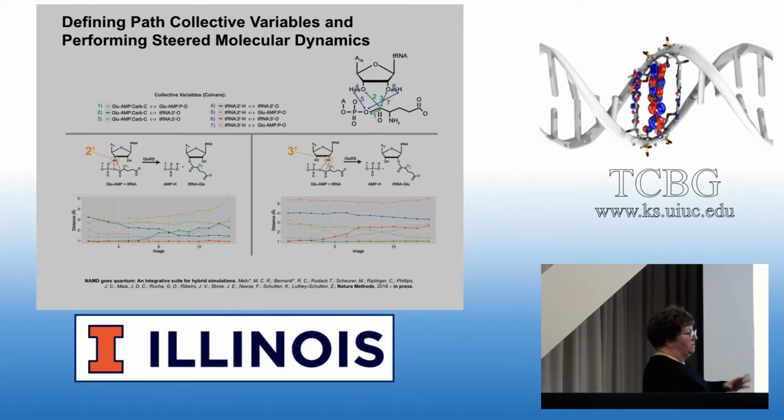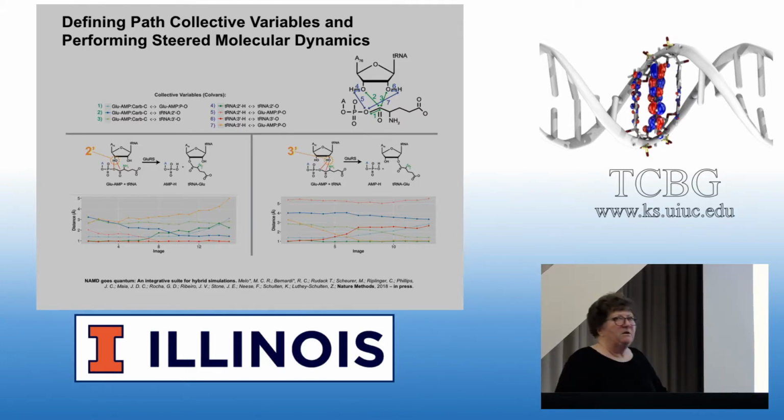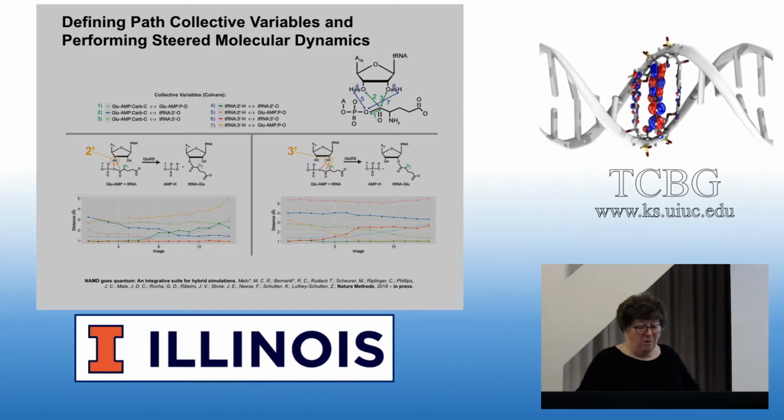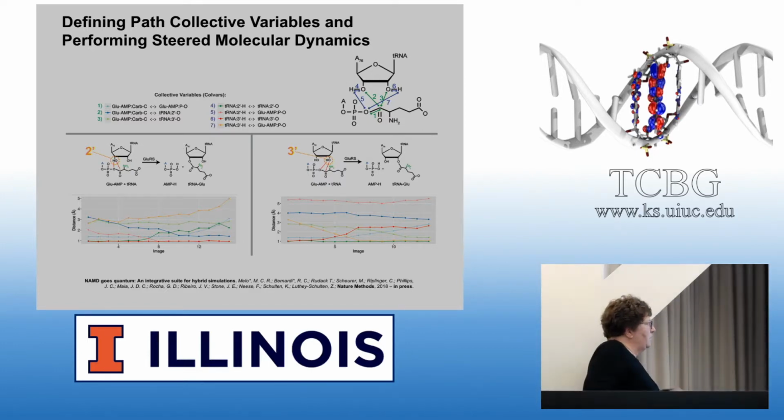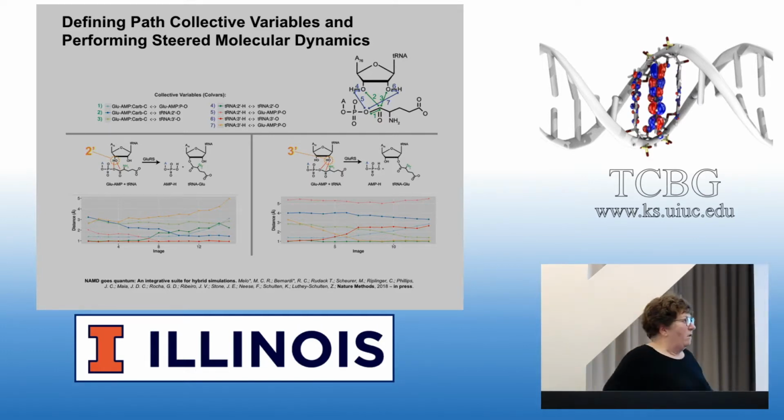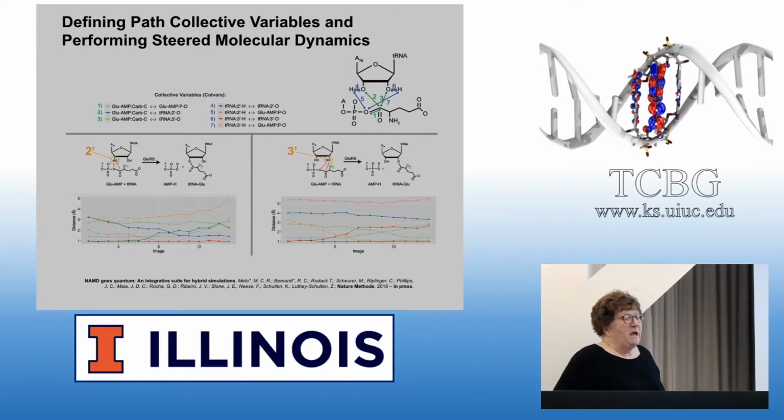Once you decide on a bunch of collective variables, and I'm telling you, nobody can tell you what to do there. In fact, if you've ever done metadynamics or well-tempered metadynamics, choosing the right reaction coordinate is half the battle for these free energy methods. And that's where your intuition has to come into account.